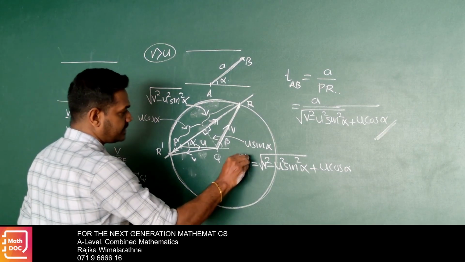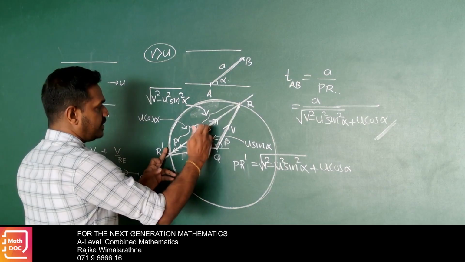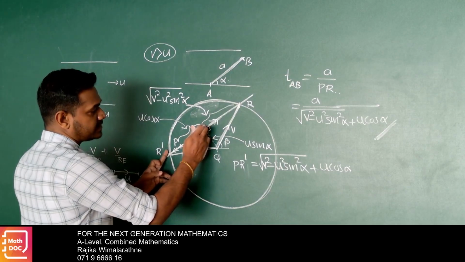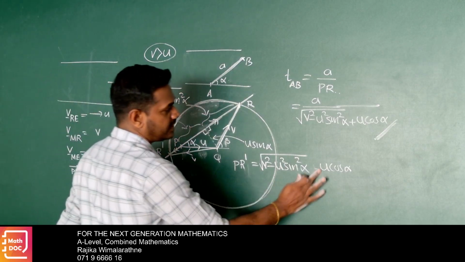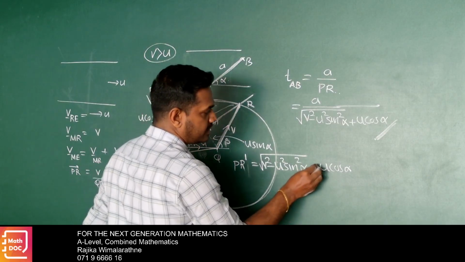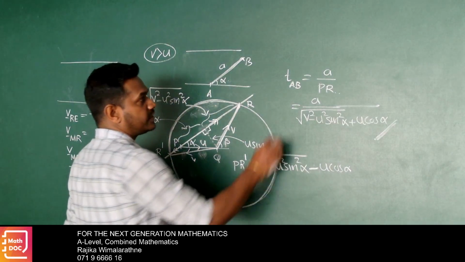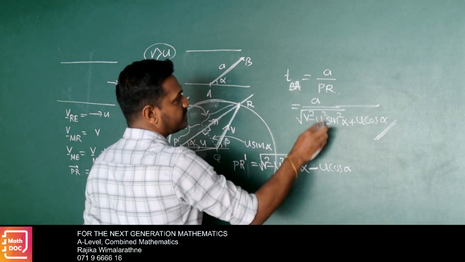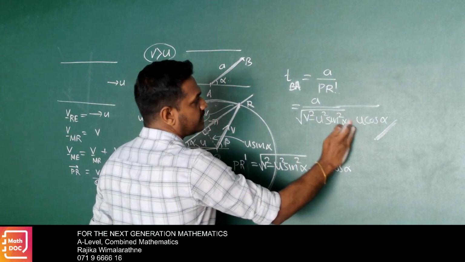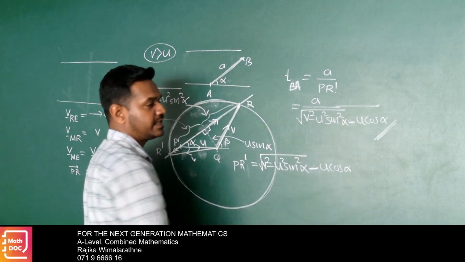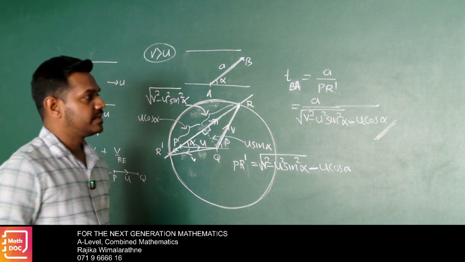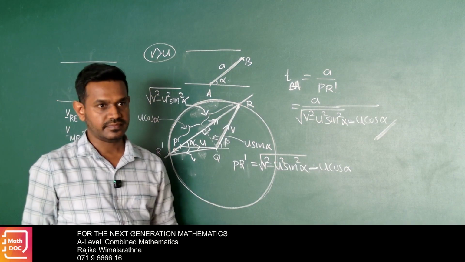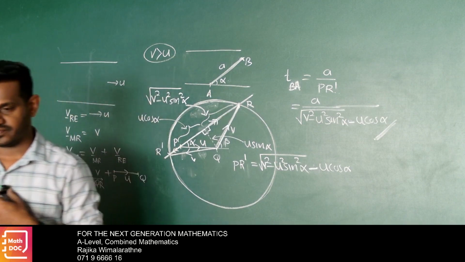Then PR dash equals root of V square minus U square sin square alpha minus U cos alpha. Here minus will be the corresponding result. Now TBA, time is A over PR dash. That is it.